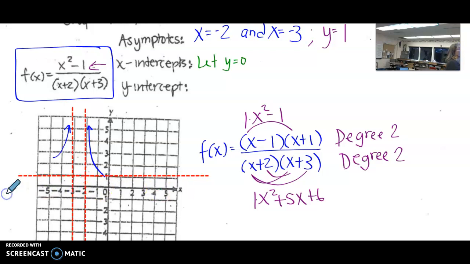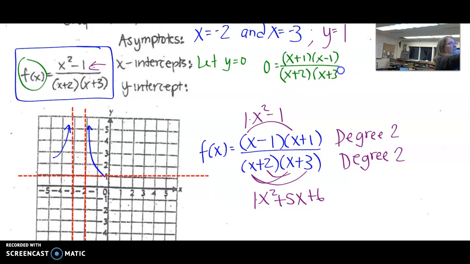So let's figure out when y is 0, which is f of x, what is x? And I'm going to use this factored form. When does this fraction equal 0? An important thing to note is that if a fraction equals 0, it's going to be where the numerator equals 0, because when the denominator is 0, it's undefined.